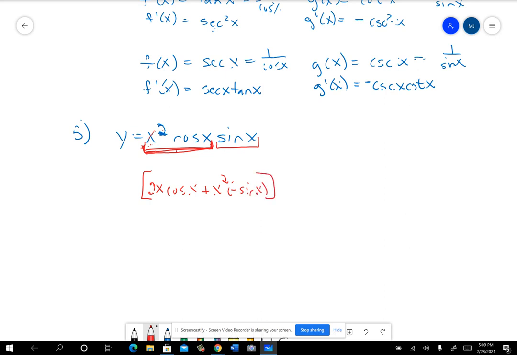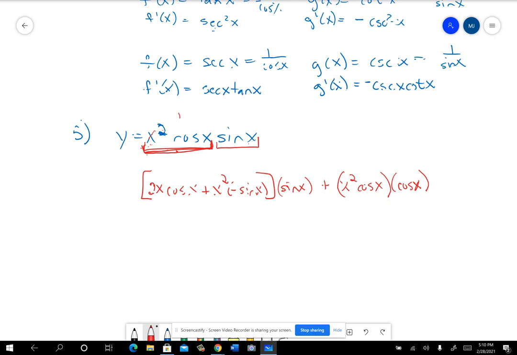But now that's just the derivative of the first. So I've got to multiply that times sine x. Then I need to take the first as is times the derivative of the second, which is just cosine x. All right, so that was a little tricky.